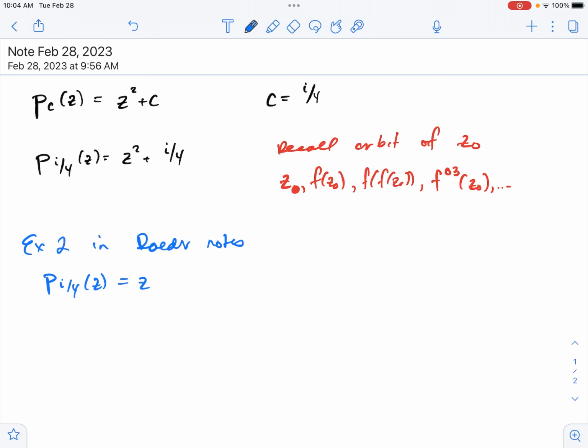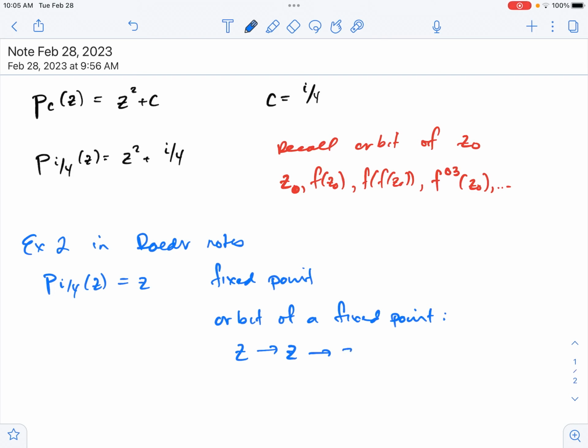So a point is a fixed point if it gets sent to itself. Why might we use the name fixed point? Because the orbit of a fixed point is not very interesting. I have z, I apply the function to it, and z comes out.